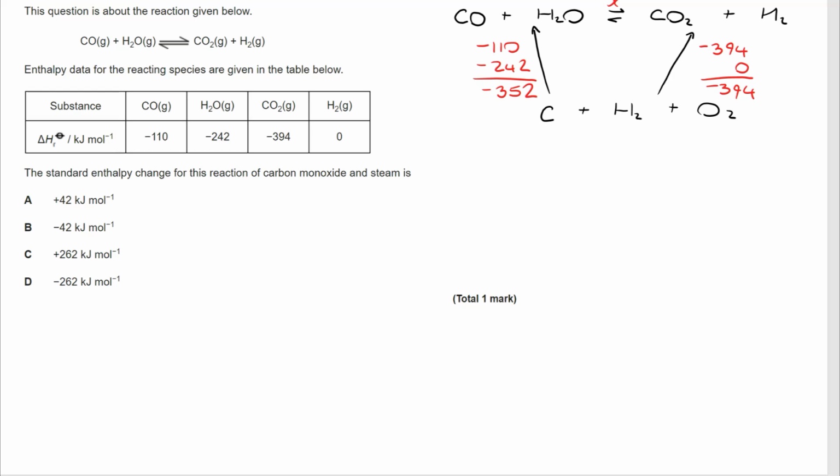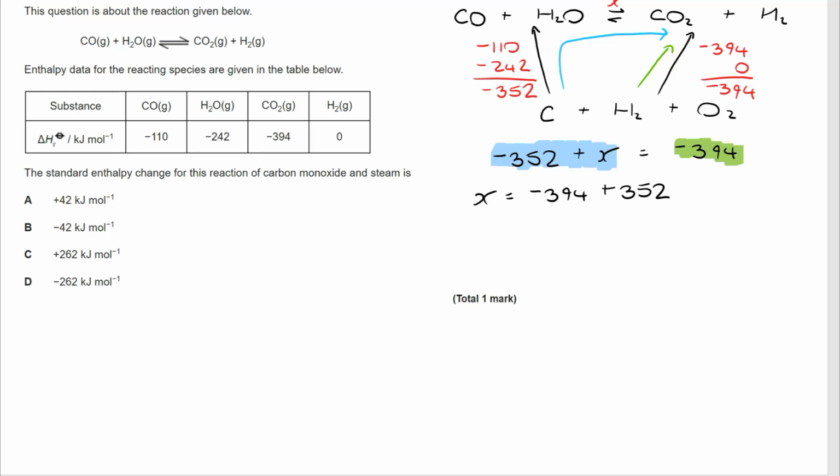At this point, I'm going to identify what my 2 routes through the cycle are. Hess's law tells us that the overall energy change is the same whichever route is taken. So I'm going to take my blue route and my green route. Negative 352 plus x is negative 394. If I rearrange to make x the subject, that takes me to x is negative 42, and the answer is B.